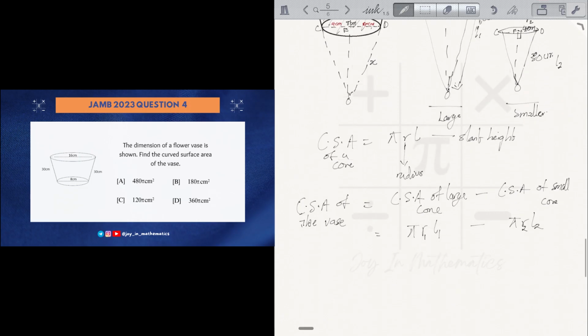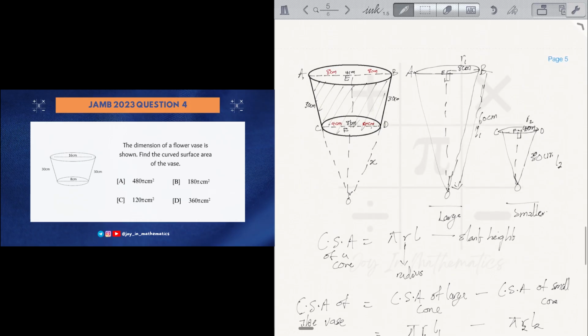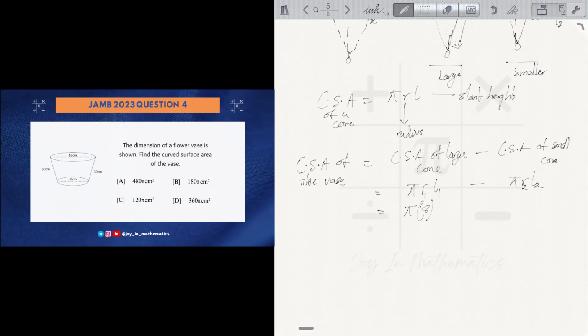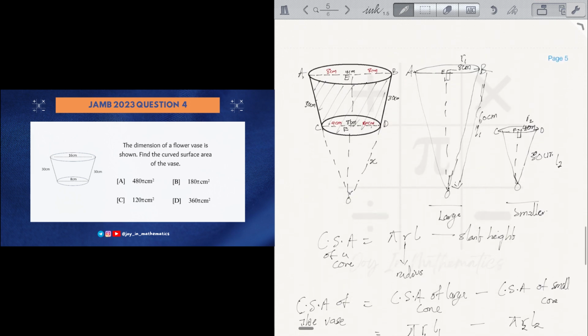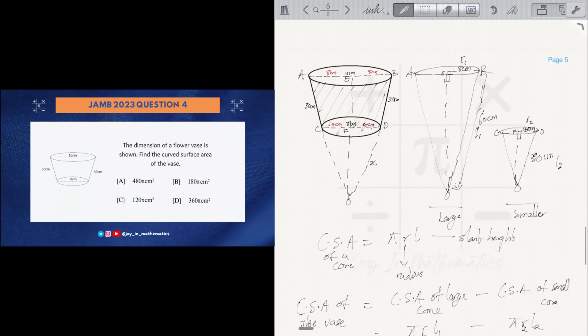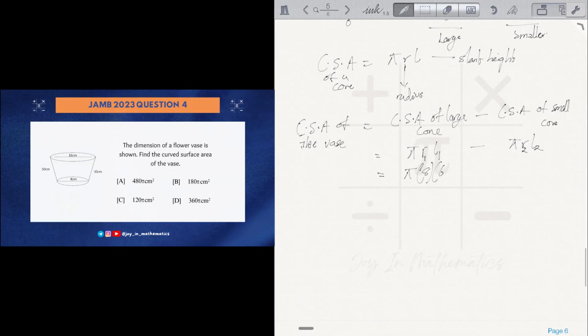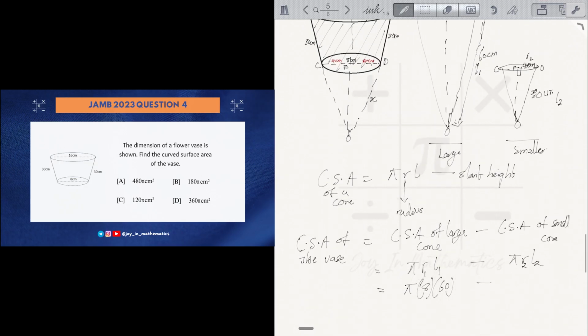So let's substitute the values. Pi, the R1 is 8 centimeters, just as we have here, multiplied by 8. The L1 is 60 centimeters, multiplied by 60. Pi, the R2 is 4 centimeters, multiplied by 4, and the L2 is 30 centimeters, multiplied by 30.